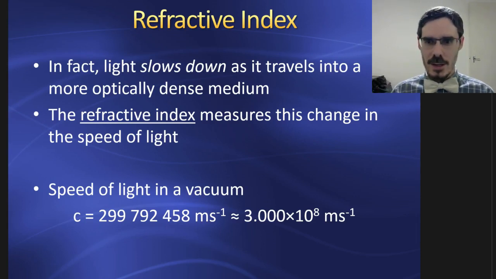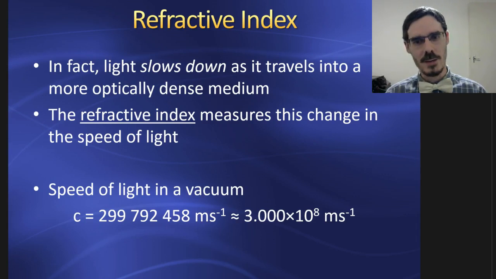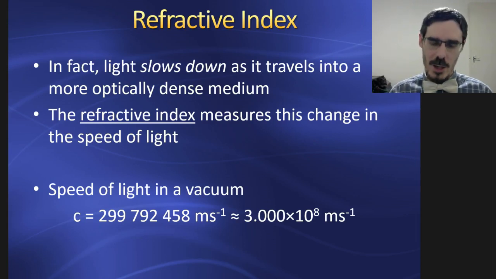Modern SI defines the speed of light to be 299,792,458 metres per second. We will normally, however, just approximate this to 3 by 10 to the 8 metres per second. That's a perfectly good approximation. It's 3 by 10 to the 8 to 4 significant figures over here.